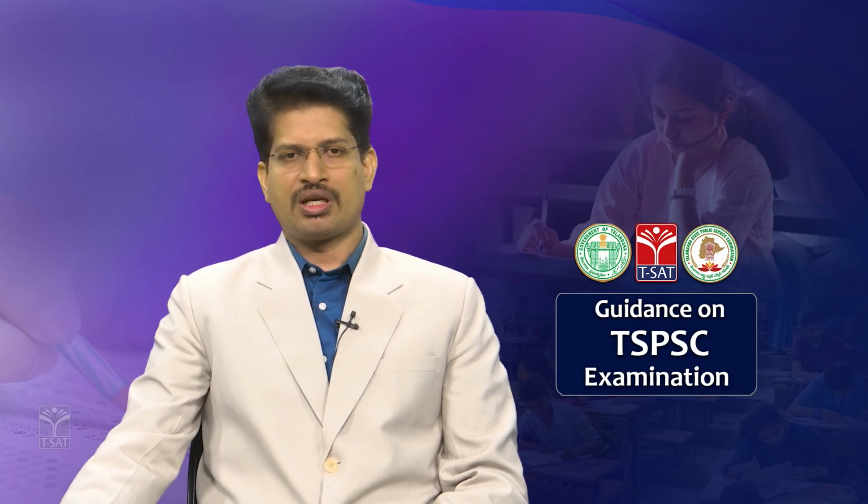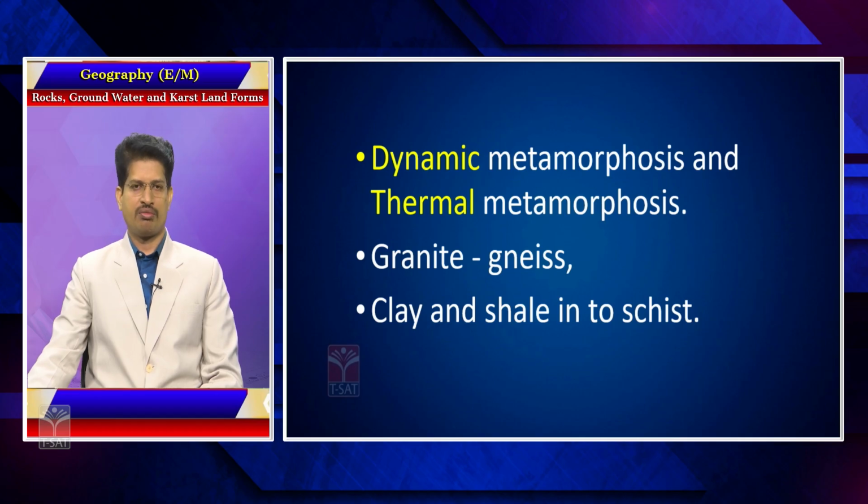So, dynamic and thermal metamorphism, which I have already mentioned: dynamic metamorphism is because of pressure variations, when the rock is changing its form and minerals. Thermal metamorphism is because of temperature. So, in this process, granite turns into gneiss, and clay and shale into schist.